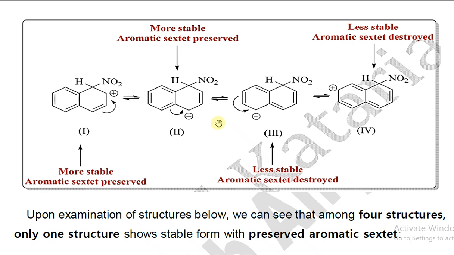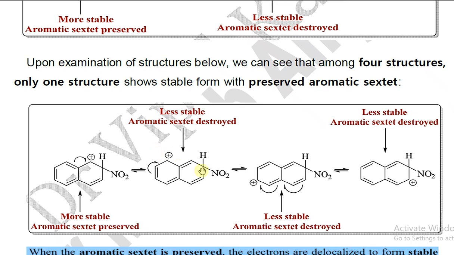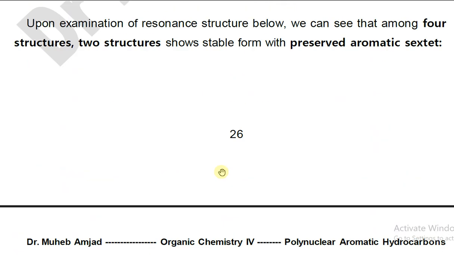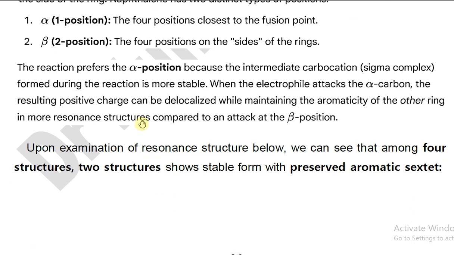So the alpha position is more active in electrophilic aromatic substitution than the beta position. So when the question comes again, why is the alpha position for electrophilic aromatic substitution in naphthalene more reactive than the beta position, this is the answer.